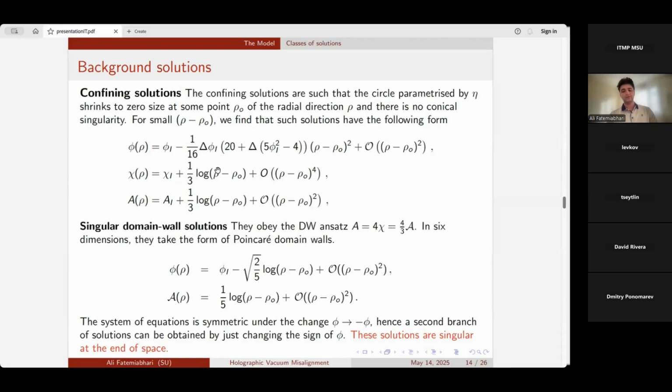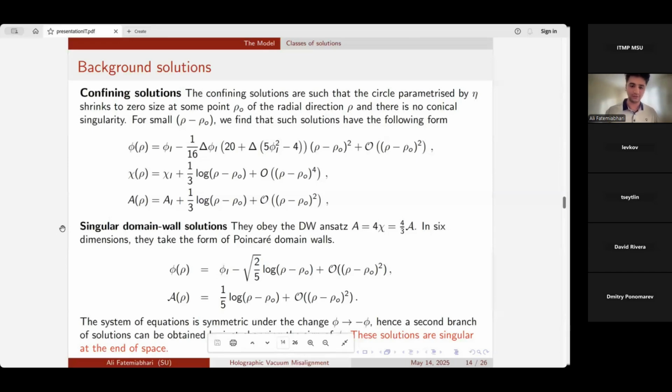One thing which happens here, and we have studied this in previous papers with my collaborators, is that for large values of phi_I, the background becomes unstable and produces a tachyonic instability. In those regions, there are other solutions with other asymptotics which can take over.